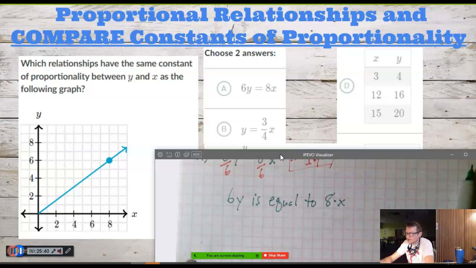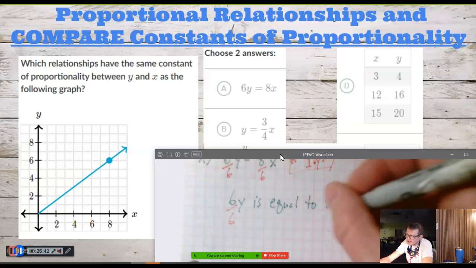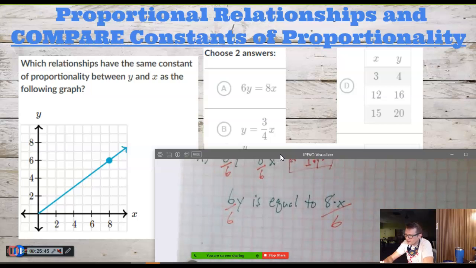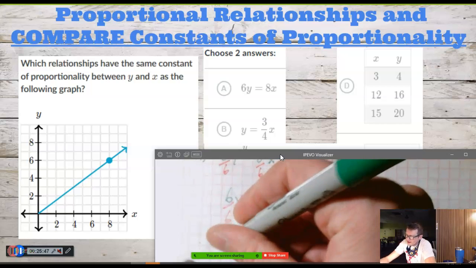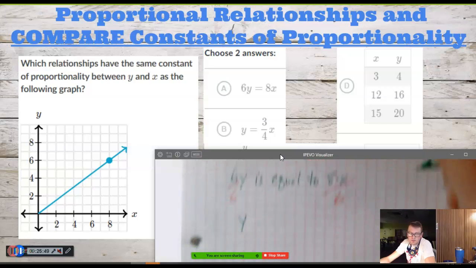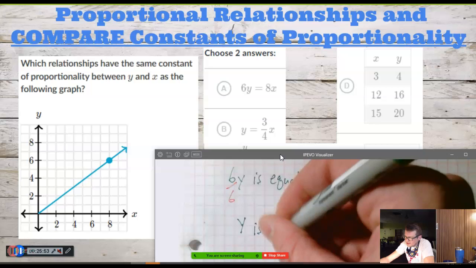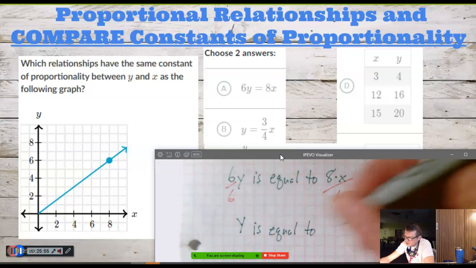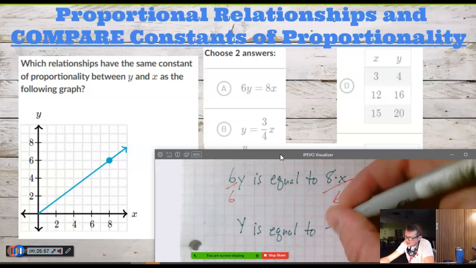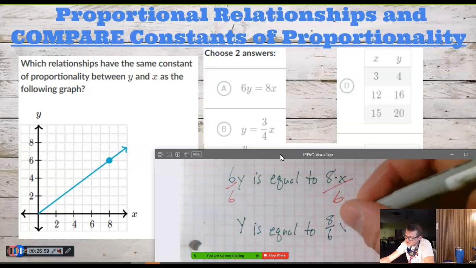But what I could do is say, well, if I divide by 6 and divide by 6, then what I can get is a value of y. 1y is equal to 8/6 x.